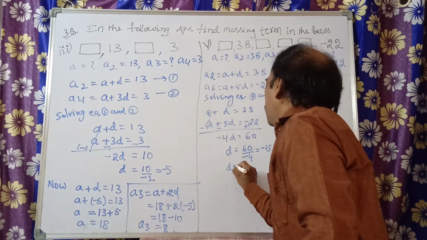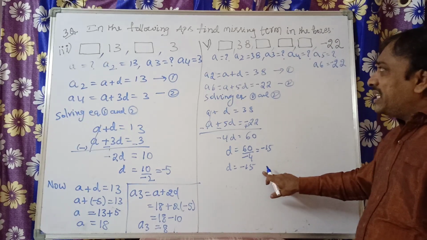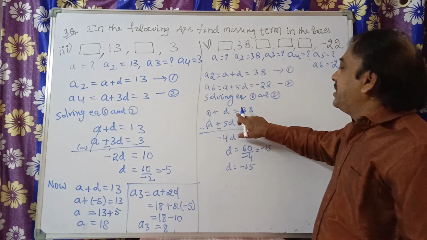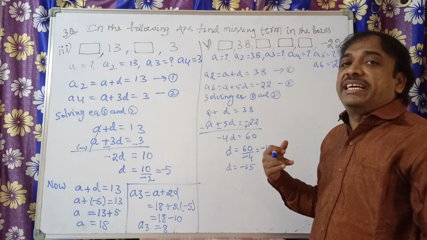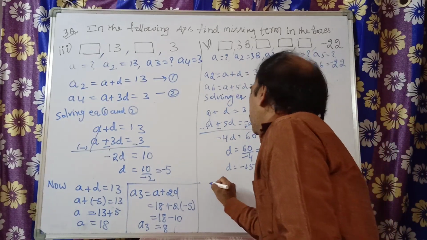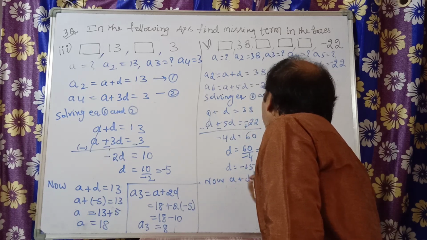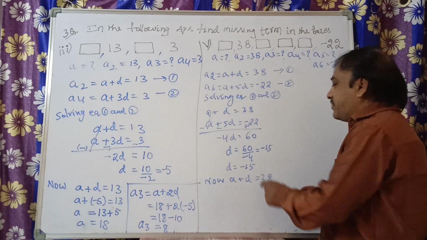So what is the value you got? d is equal to minus 15. Now the d value you got, minus 15, substitute in either the second equation or the first equation, and you will be obtaining the a value. So we have a plus d is equal to 38. What d value did we get? Minus 15.